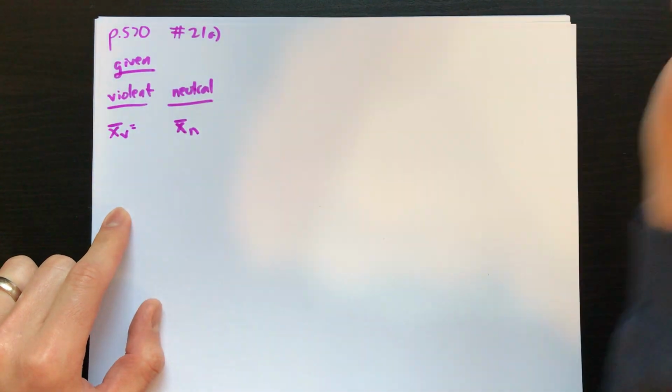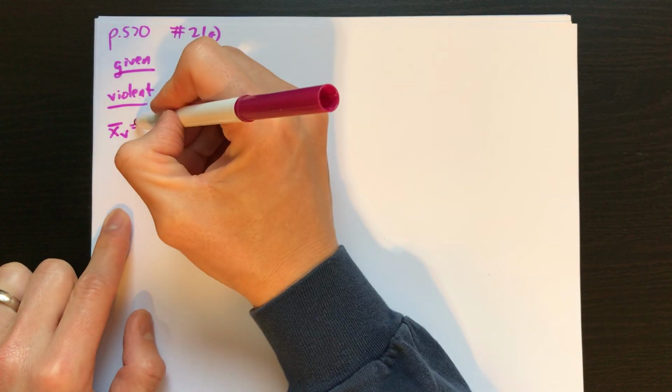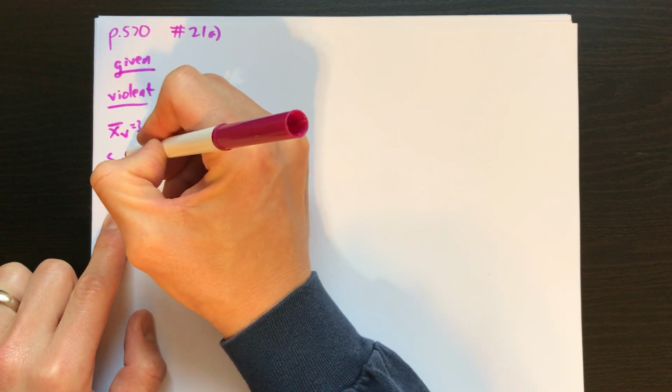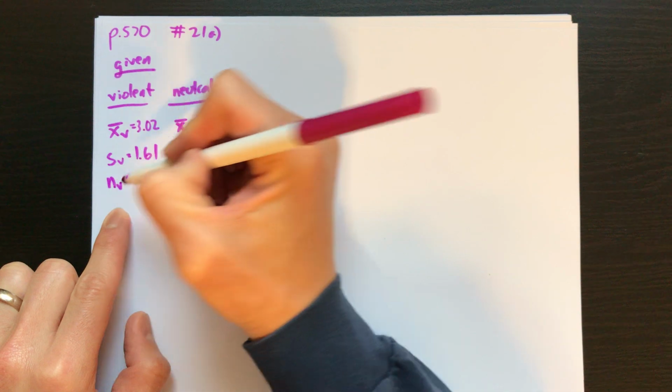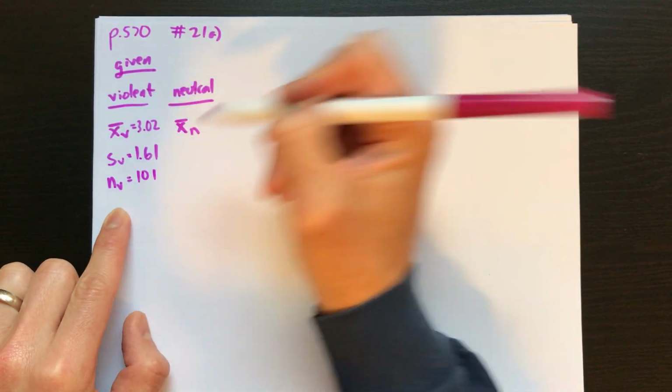The mean number of brands recalled was 3.02. The standard deviation of the violent was 1.61. And then the number of people or subjects or volunteers sampled was 101.